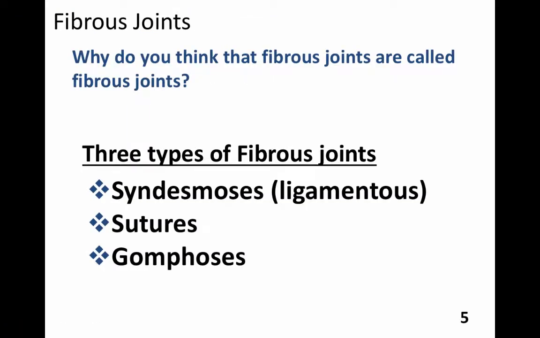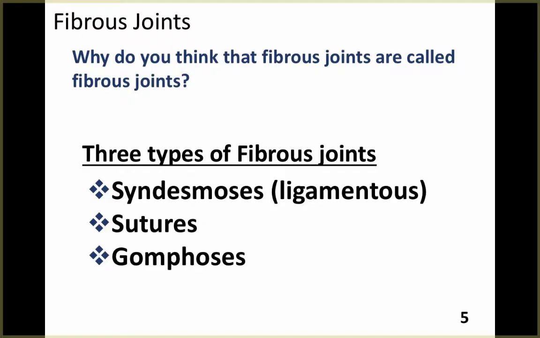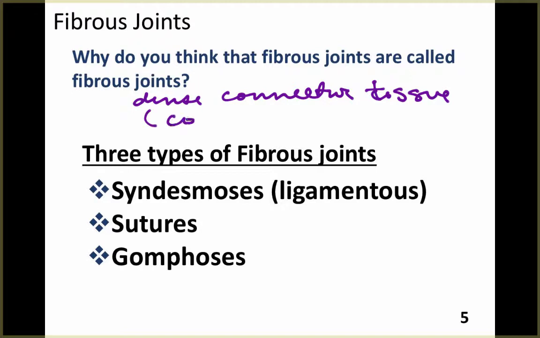So let's talk about fibrous tissues here really quick. So just again, they're made up of what? Dense connective tissue, right? And dense connective tissue contains collagen fibers. So that's what gives it its strength, right?